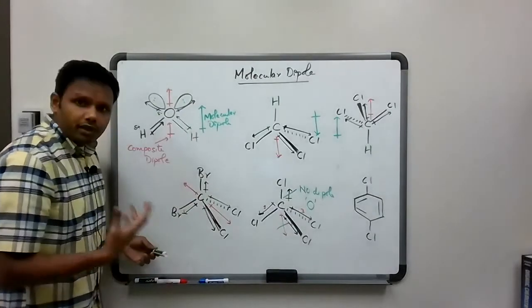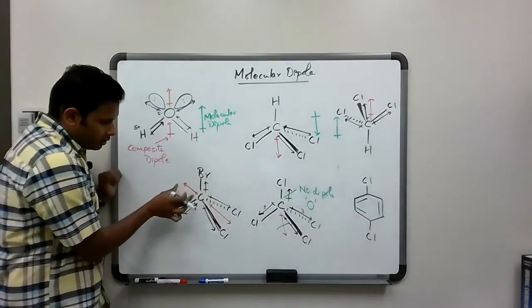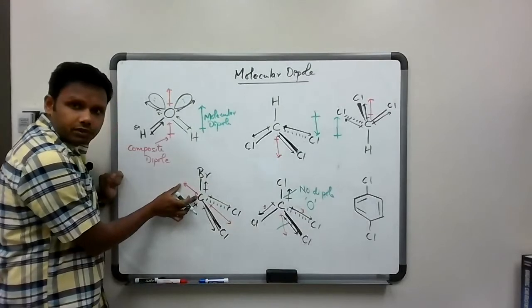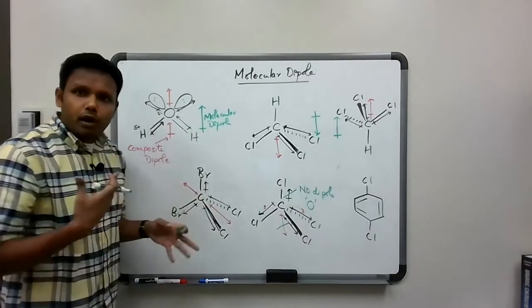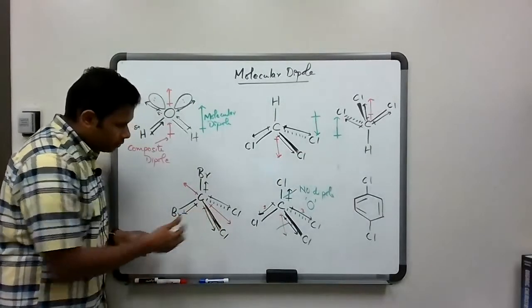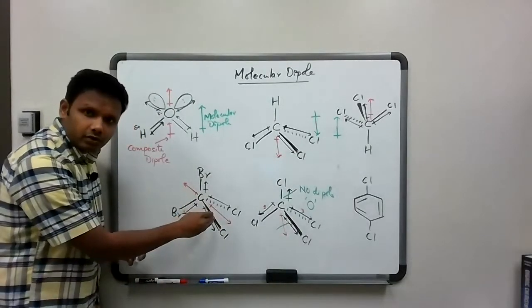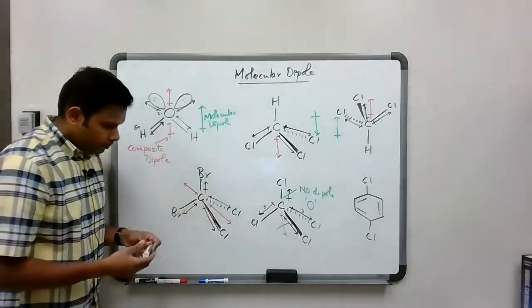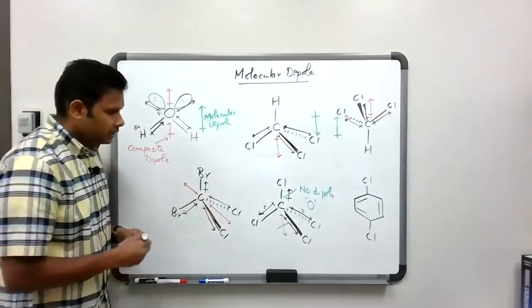And so because of that, this carbon bromine composite dipole can partially offset the carbon chlorine dipole. So that means it's going to cancel it out, but not completely. It's only going to partially cancel it out.